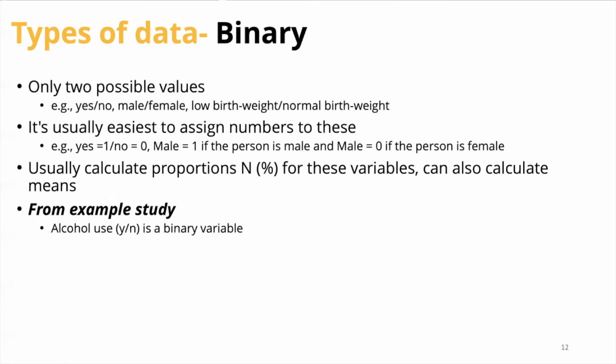So another type of data that you might come across, or a variable, is a binary variable. So this type of data only has two possible values.